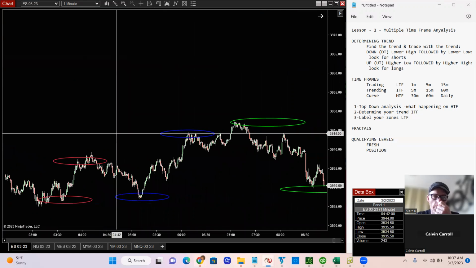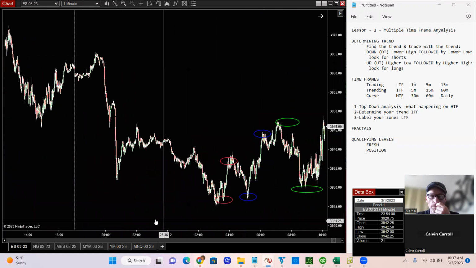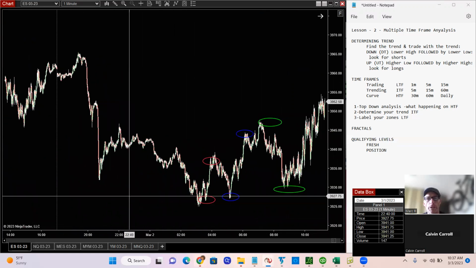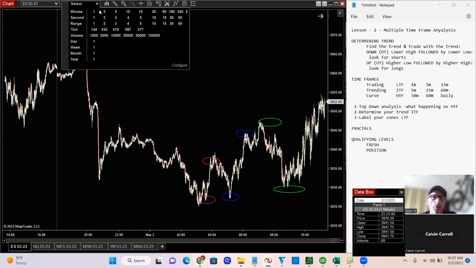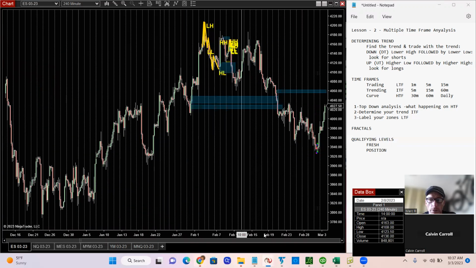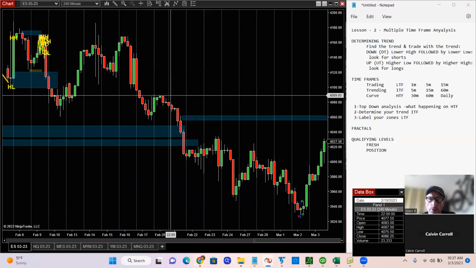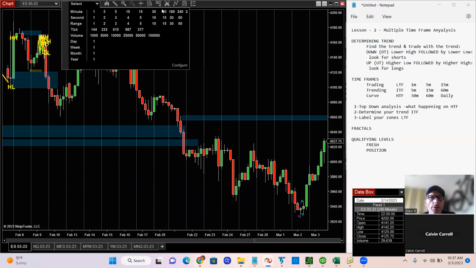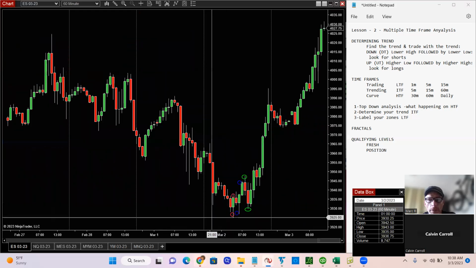So what I have labeled here is the point at which, actually, I just want to throw this on a higher time frame chart. Too high of a time frame. Let's go here. Okay.